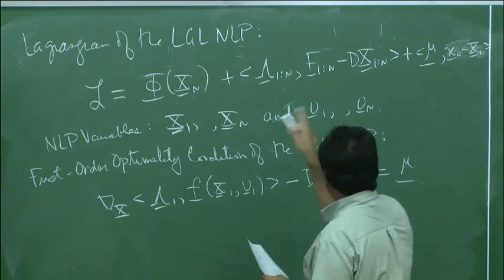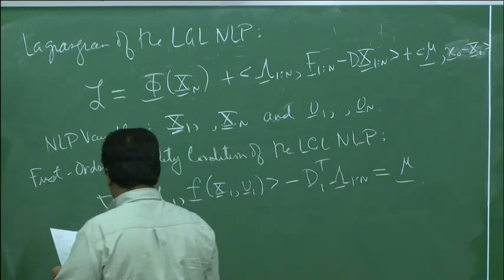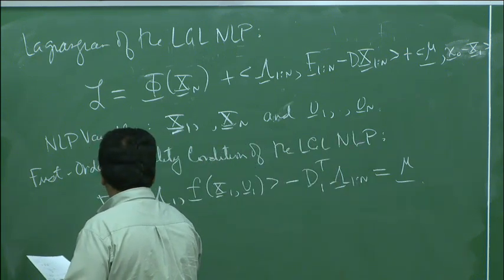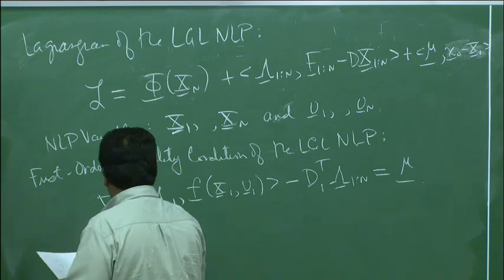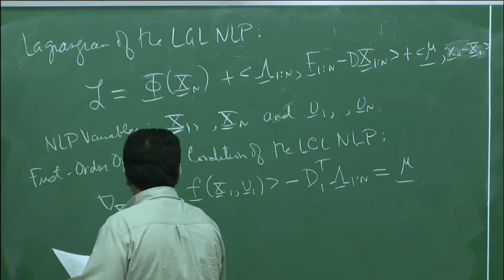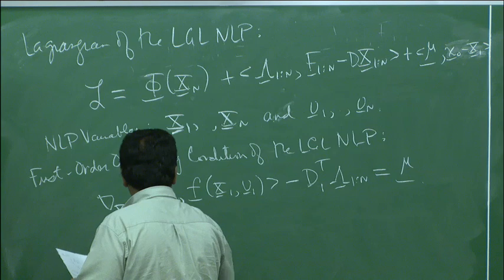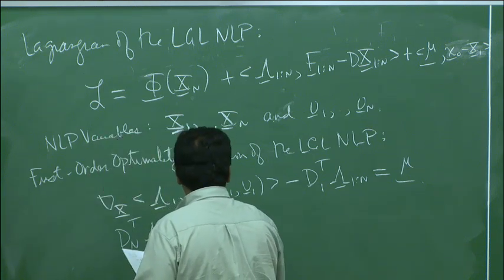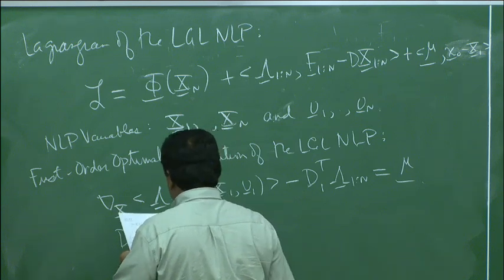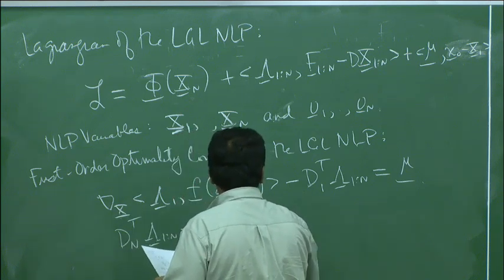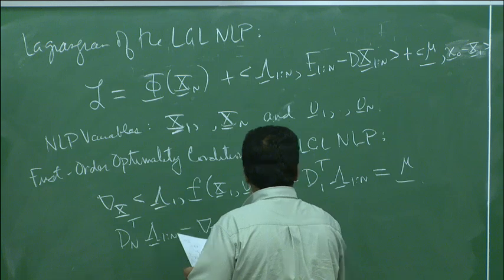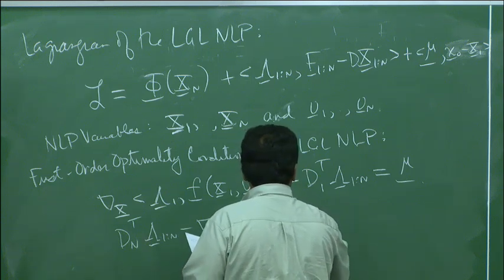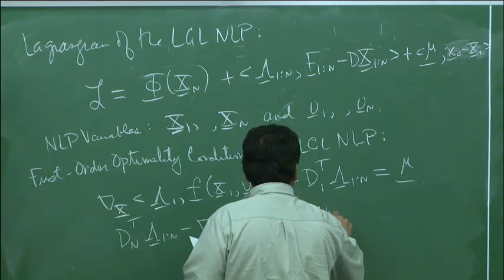So that takes care of the initial point. Now I'm going to do the final point, which is D_n transpose times lambda_{1:n}. You notice that lambda_{1:n} keeps appearing here, minus the gradient with respect to x, lambda_n, with f of x_n and u_n.